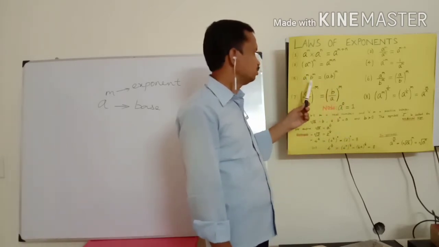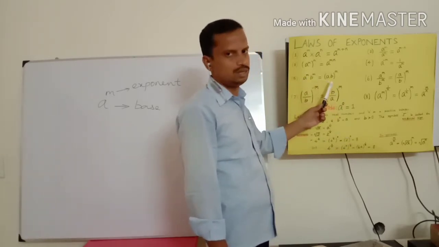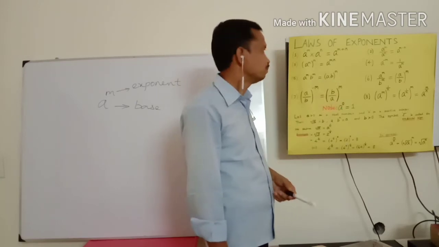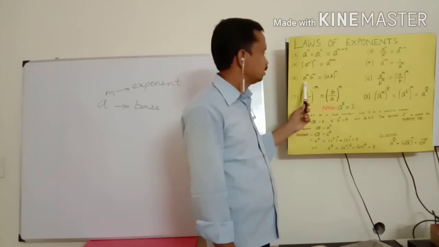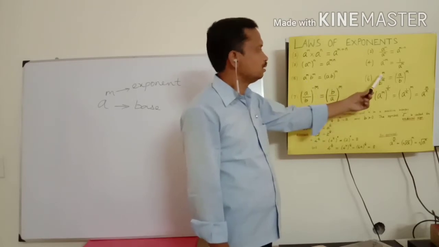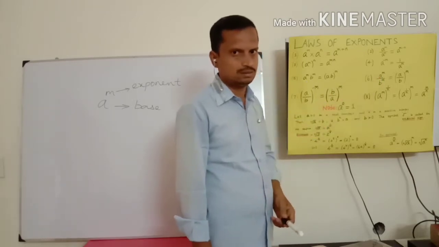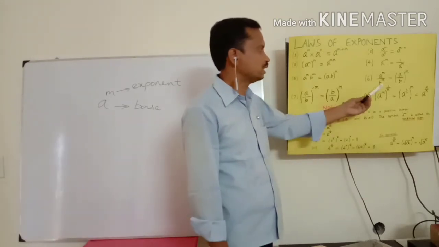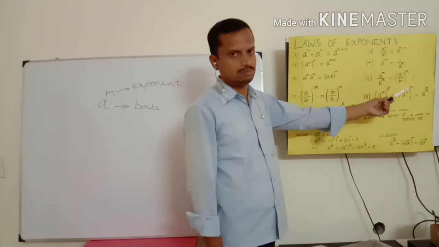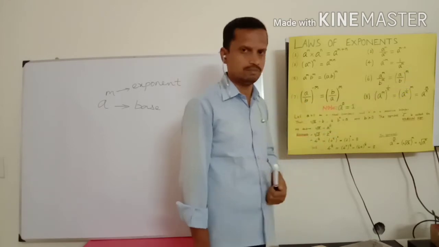So a power m into b power m is equal to ab whole power m. The next one, the same like fifth one, different base, same power. The bases are dividing here. A power m by b power m is equal to a by b whole power m.